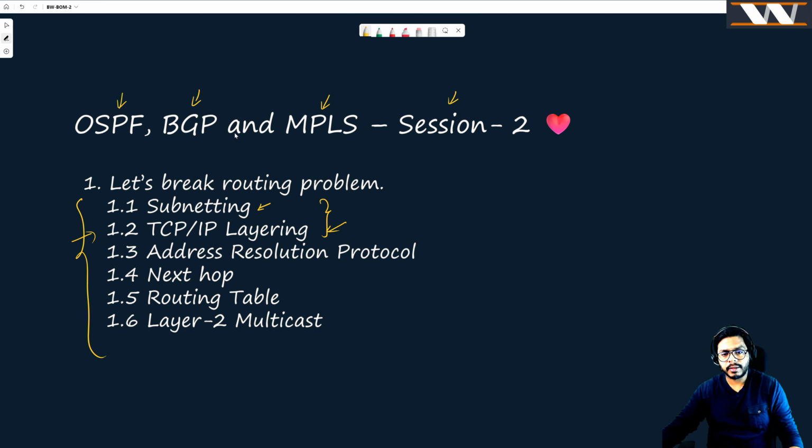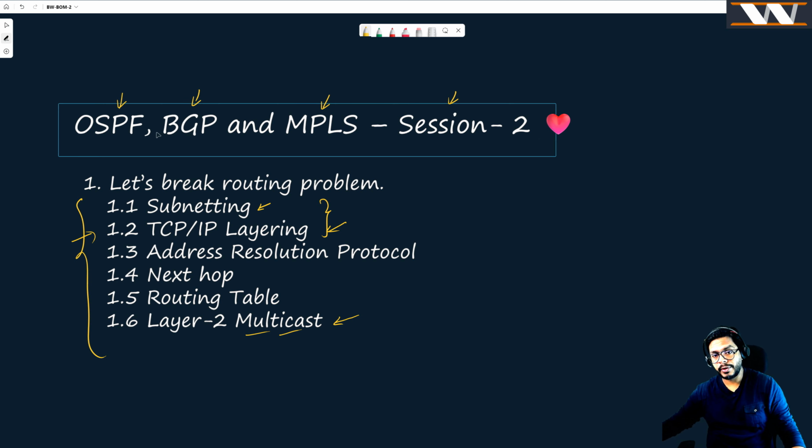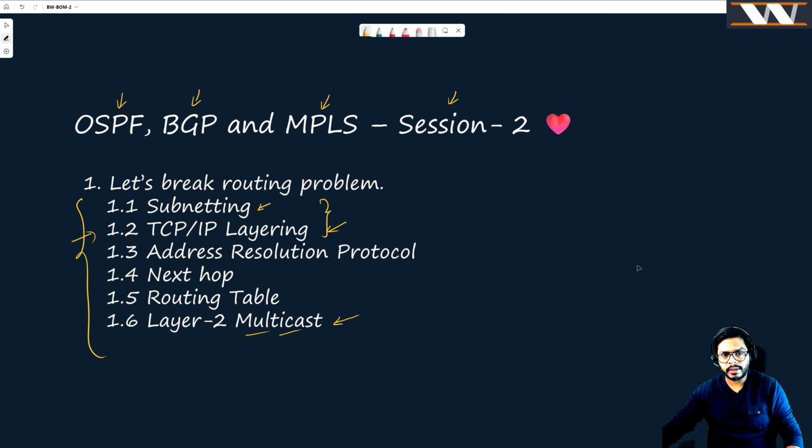Yesterday, somebody from this class told us that multicast should be included here, and we have included multicast, specifically layer 2, because understanding of layer 2 multicast is quite important.